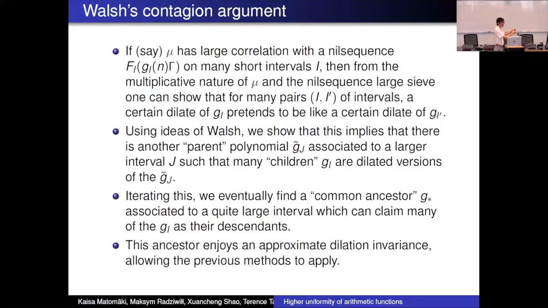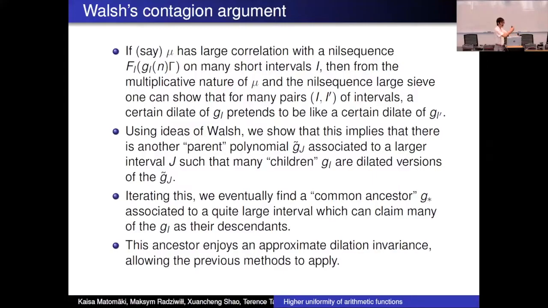And so what Walsh observed is that whenever that happens, it's because there's a parent nil sequence living on the bigger interval, such that each of the children nil sequences is pretending to be like some sampled version or downscaled version of this larger one. So every time you have lots of these little correlations, a lot of them are siblings.